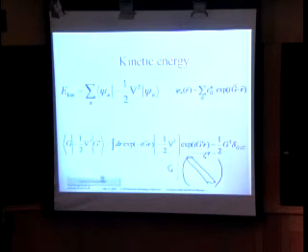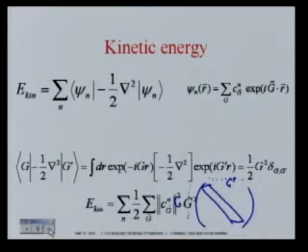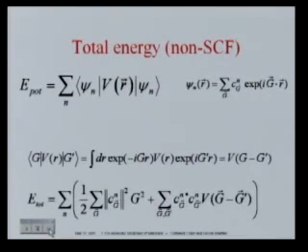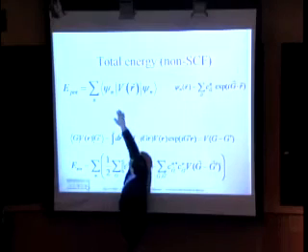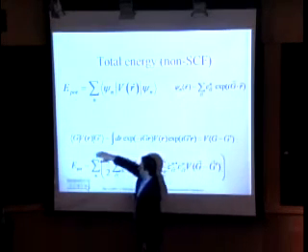If we want to calculate the second term in the energy, we need to calculate the potential energy. And the potential energy is going to be again the sum over all the single particle terms in the potential energy. And I'm doing the same thing here.